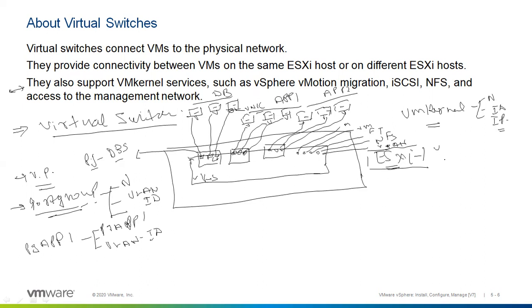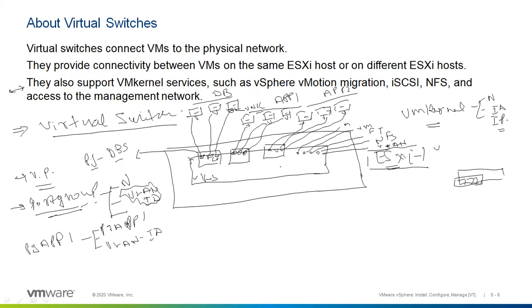Here also we are giving a VLAN, right? The difference is that in a physical switch, there are physical ports available and we have fixed those ports, correct? But here, these ports are virtual. Once you associate a VLAN, a virtual port will get created. Once the VM goes, the virtual port will go. Got it?